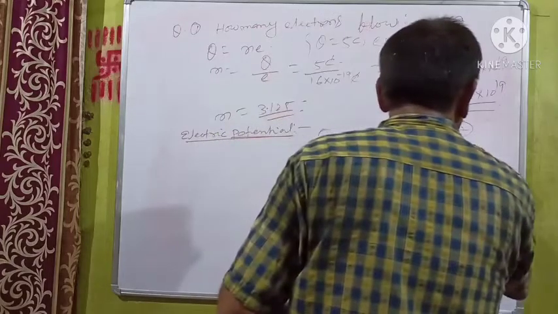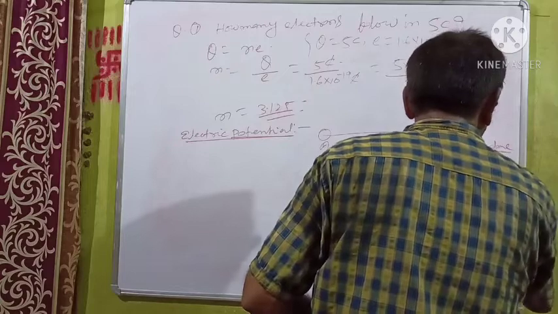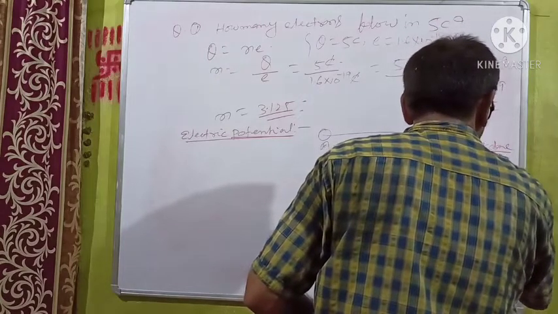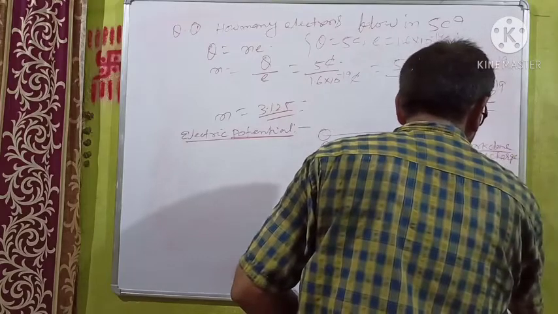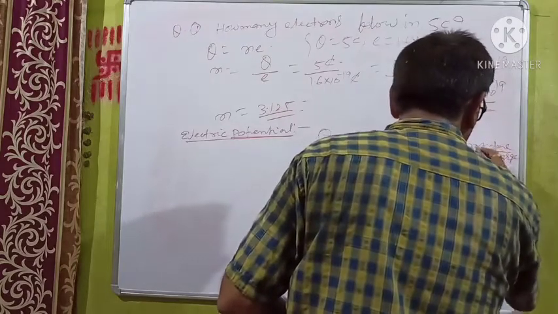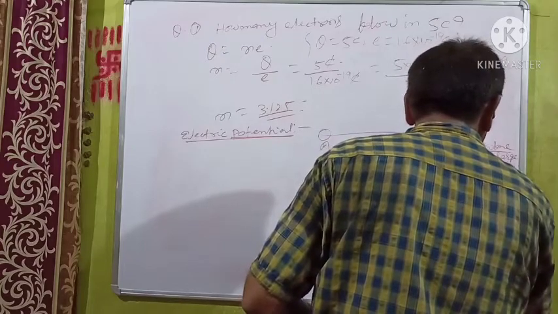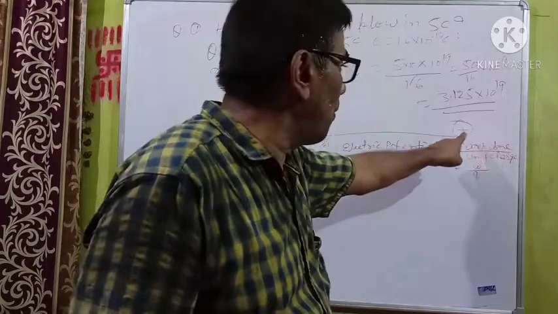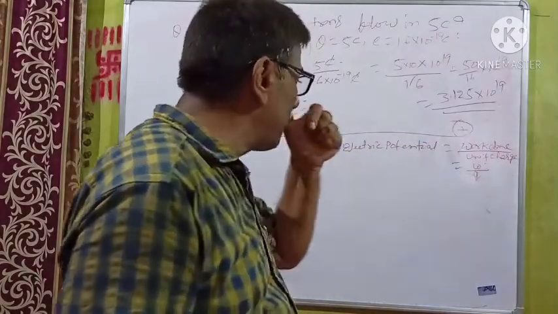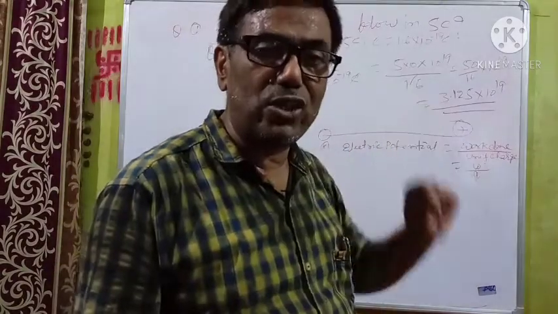So electric potential is equal to work done per unit charge. Work done is denoted by W and charge by Q. So the work done to bring the unit positive charge from infinity to that point A is known as electric potential.